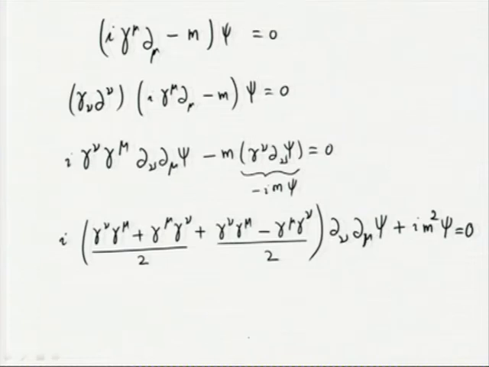Let us look at the first term. It has two parts. One is symmetric under the exchange of μ and ν: γ^ν γ^μ plus γ^μ γ^ν is symmetric under the exchange of μ and ν. If I change μ to ν, the first term becomes the second term and the second term becomes the first term. Whereas the second part in the bracket, γ^ν γ^μ minus γ^μ γ^ν, is antisymmetric under the exchange of μ and ν.